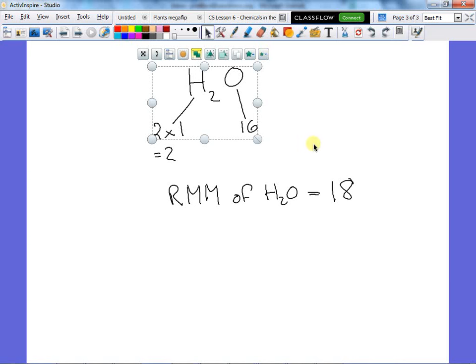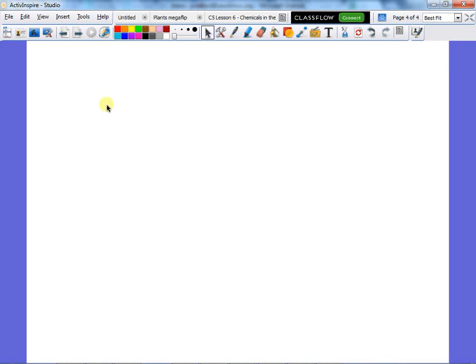Okay. So if, for example, I was to, let's think about some other formula with lots of numbers in. Let's go H2SO4. There are now 2 times 1 for hydrogen. There is 1 times 32 for sulfur.